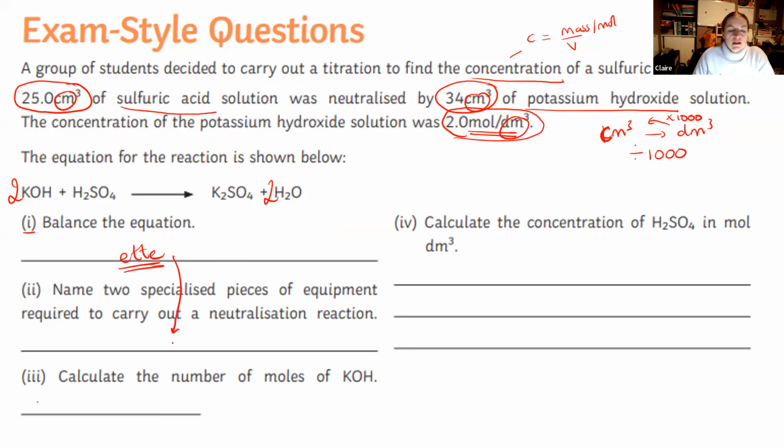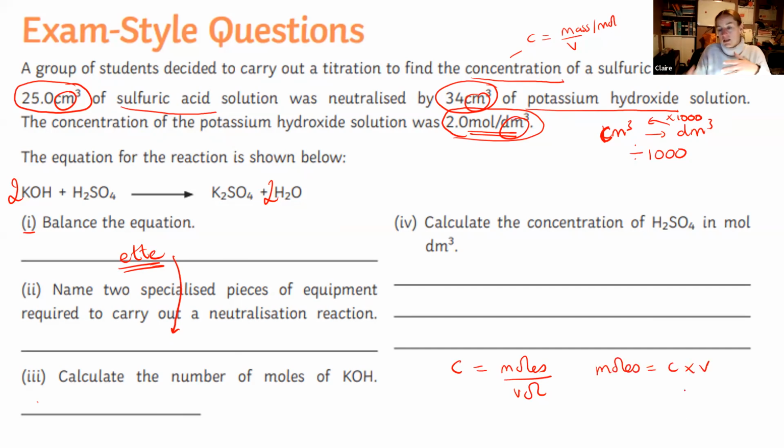Calculate the number of moles of potassium hydroxide. So instantly I go, right, number of moles, I know that my concentration equals moles over volume. So I can rearrange that to moles equals concentration times volume.